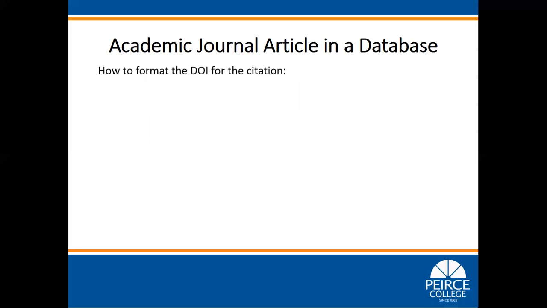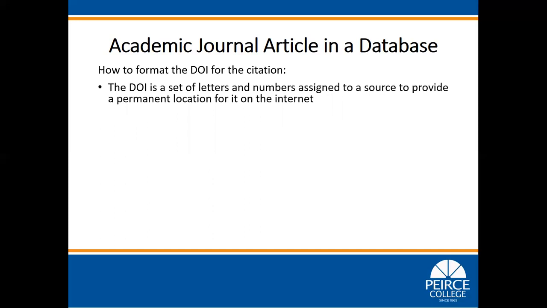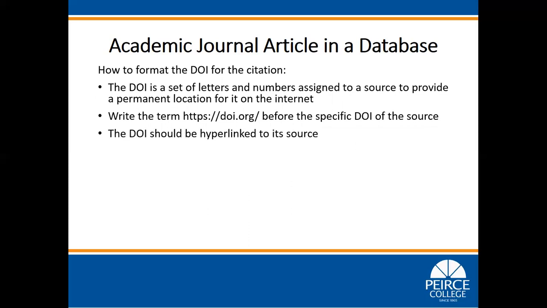How to format the DOI for the citation. The DOI is a set of letters and numbers assigned to a source to provide a permanent location for it on the internet. Write the term https://doi.org/ before the specific DOI of the source. The DOI should be hyperlinked to its source.